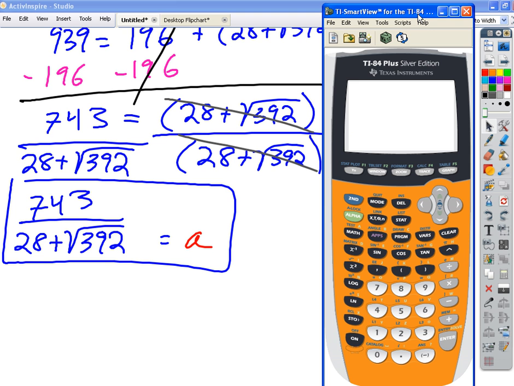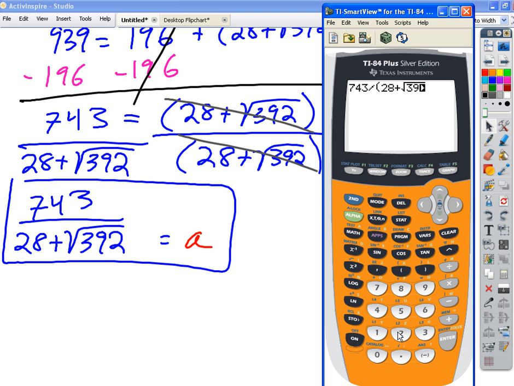So how would I say that? On a graphing calculator, I could say 743 divided by, but because I've got more than one thing in the denominator, I have to enclose that in parentheses. So I'm dividing 743 by the whole number, right? So in parentheses, I would say 28 plus square root of 392.